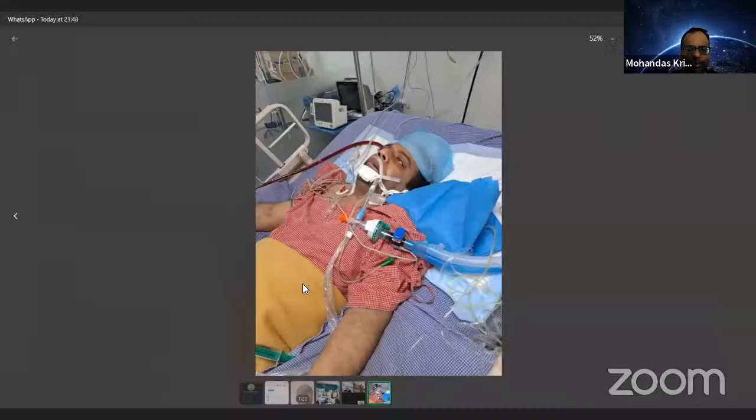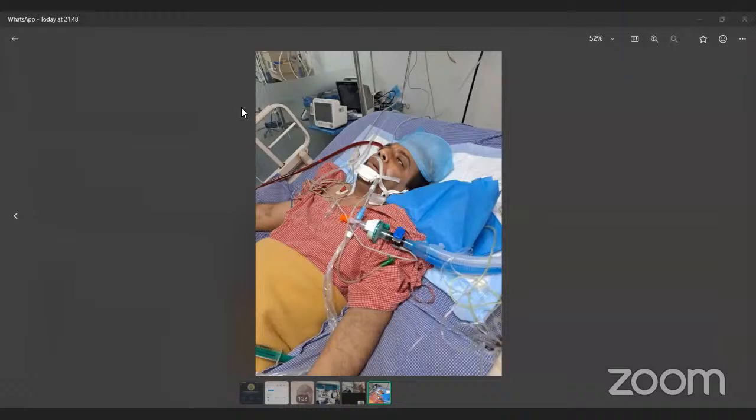Now you can see this is me in coma where 70% of my brain is damaged. I'm on ECMO, with transfusion and 5 syringe pumps. This is the central line. I'm on a ventilator. My Glasgow Coma Scale is 3. This is my 7th heart attack, and I'm waiting for the 8th one.